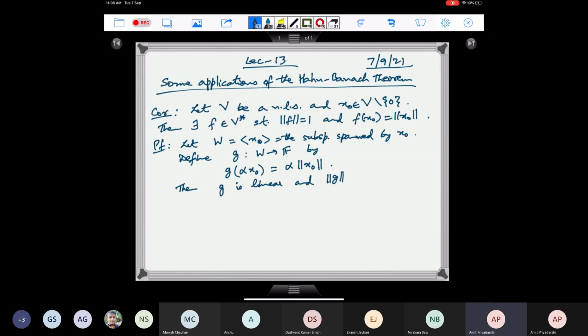And norm of G is equal to 1, right? Because if you look at mod of G of alpha x naught, this is equal to mod alpha times norm x naught, which is equal to norm of alpha x naught.